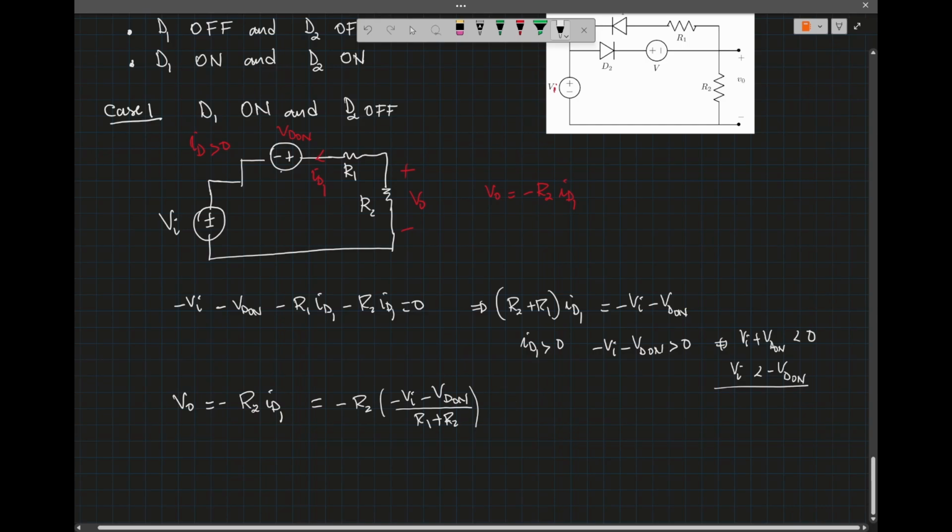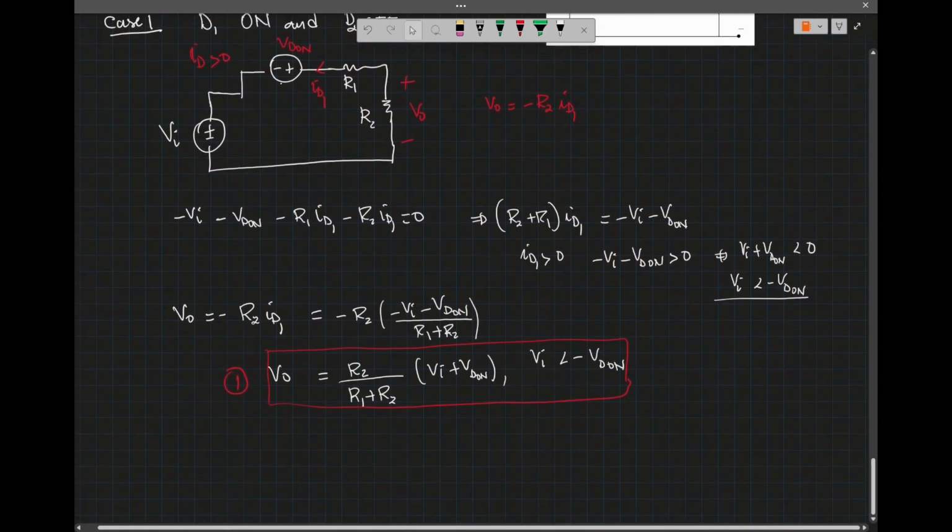So V0 is R2 over R1 plus R2, times VI plus VD on, when VI is less than minus VD on. So that is case number 1. I'm going to box this. That's case 1. Now case 2.